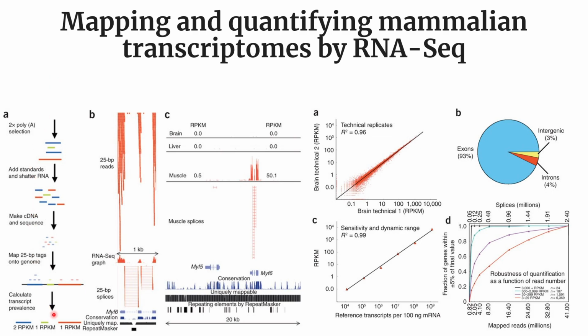So this is the roadmap, or the plan, that they have followed. First, they stabilize the RNA with poly-A selection. After that, the RNA is fragmented into 200 nucleotides.